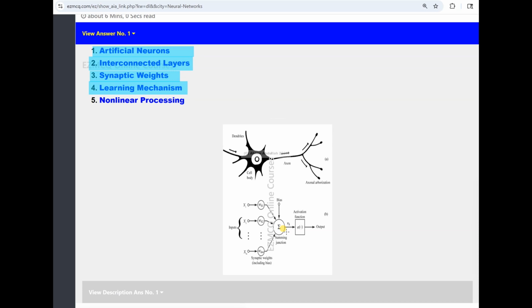Then is the non-linear processing. If you are just adding up these things, then it will be an underfit. We'll talk more about underfit, because life is non-linear, as we have seen in the loss space of deep learning. So we need a non-linear activation function, which allows artificial neural networks to capture complex patterns, just like the biological neurons, which respond in non-linear ways to the stimuli we experience.